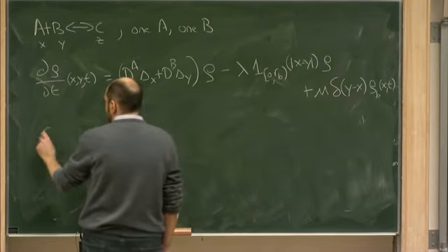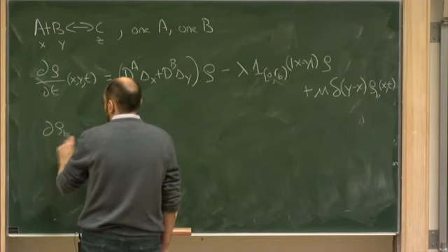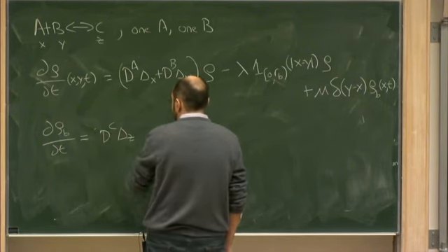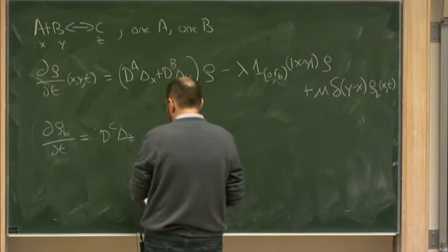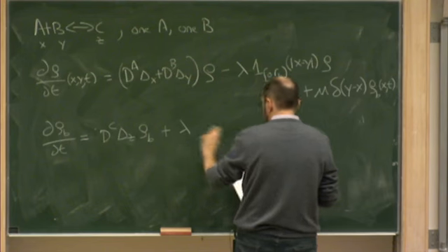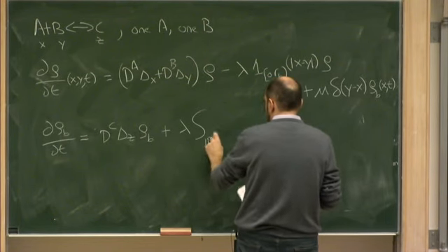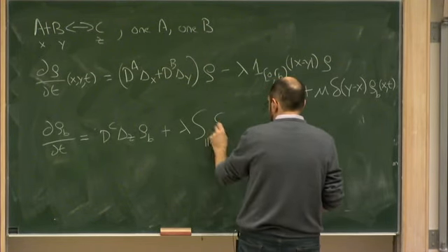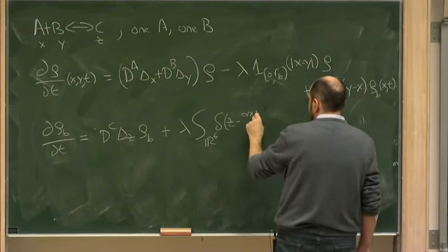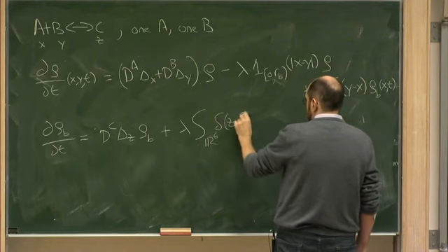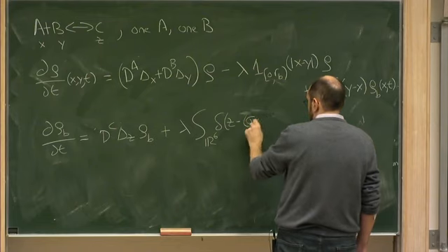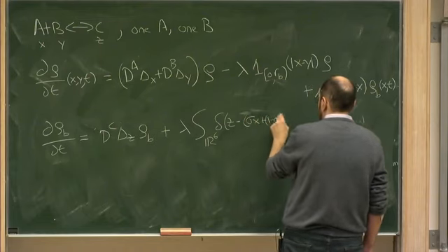You also have your bound state. You're going to have dC, Laplacian Z of rho B, plus lambda, the integral over R6 of your probability for where you place upon binding, one minus sigma y.